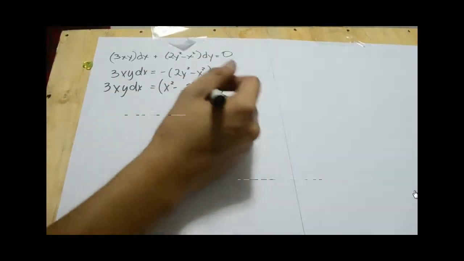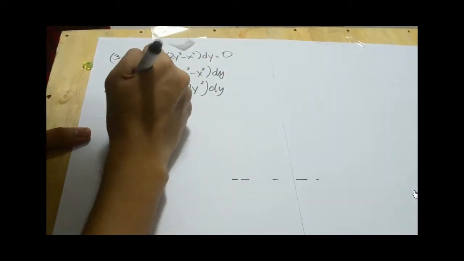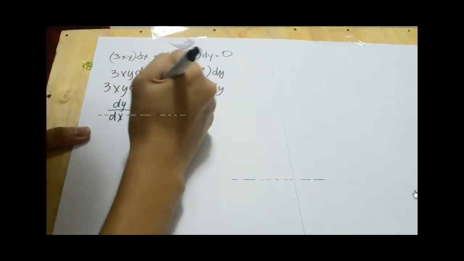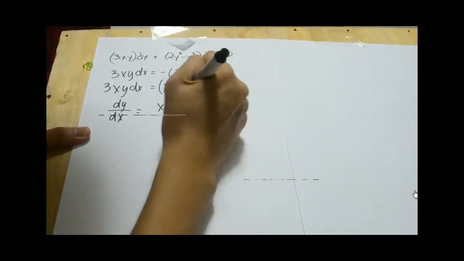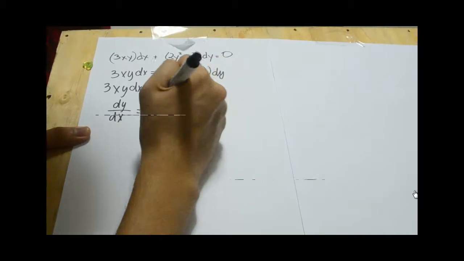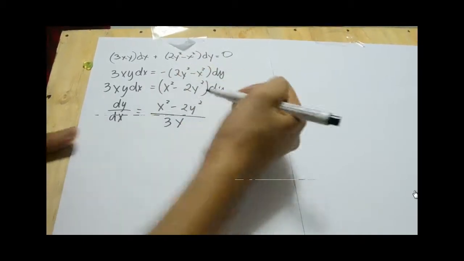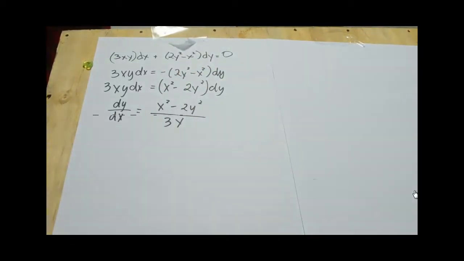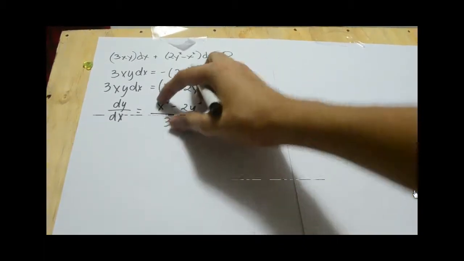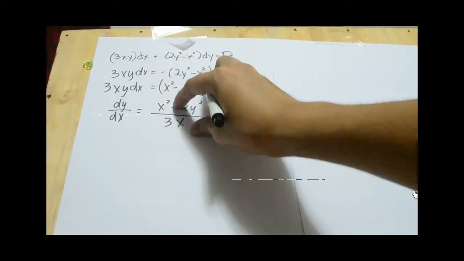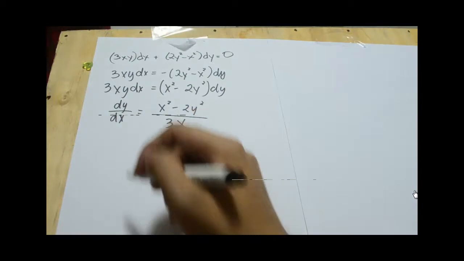Now we'll put dy over here, so dy over dx is equal to x squared minus 2y squared all over 3xy. As you can see, we can separate this kind of fraction to make it simpler.